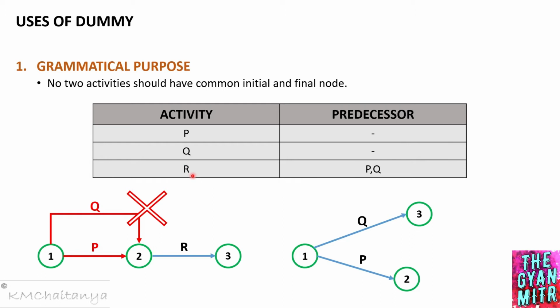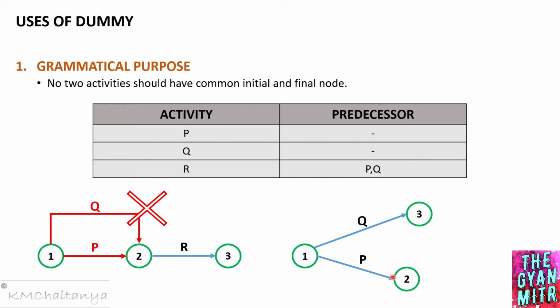Now how do I use a dummy over here? Here we can see at event number 3 we only have activity Q as its predecessor, and at event number 2 we only have activity P that has been completed.